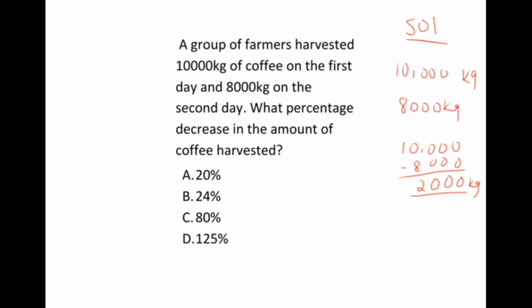Therefore, we convert this decrease into percentage: 2,000 over the first kilograms of coffee which were harvested, which is 10,000, times 100%.